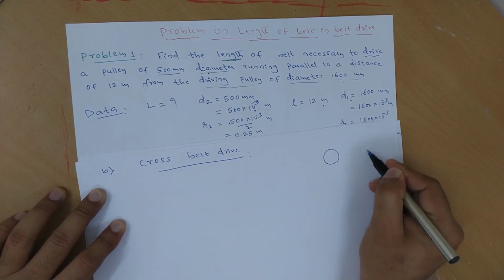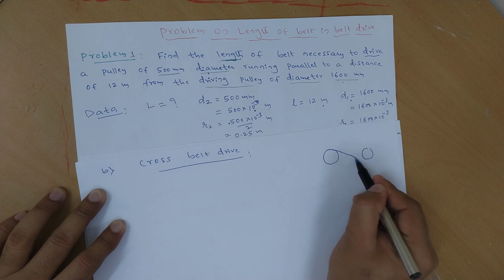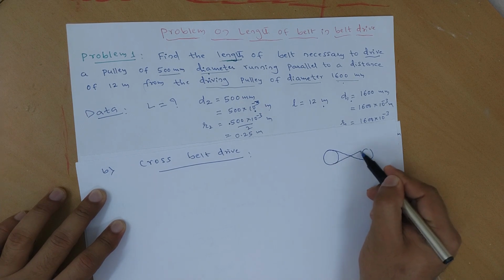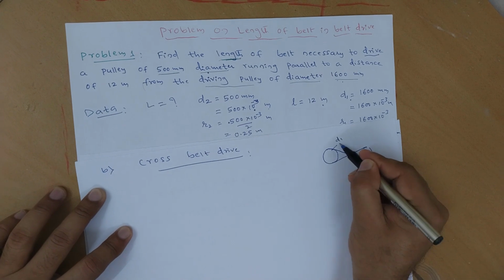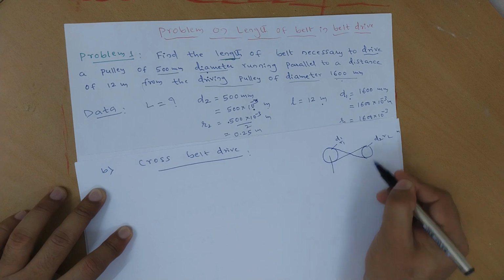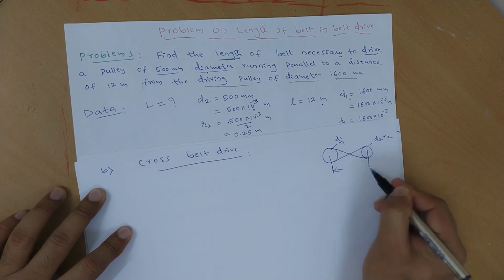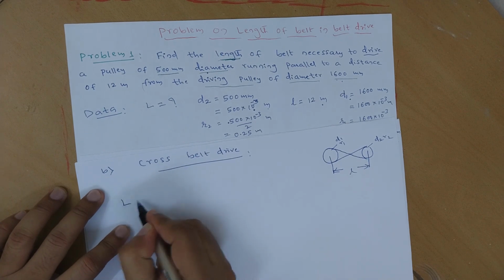Here the driver is there, the driven is there, and the belt is passing in a crossed way. This is D1 and R1, this is D2 and R2, and the distance between the centers is L.